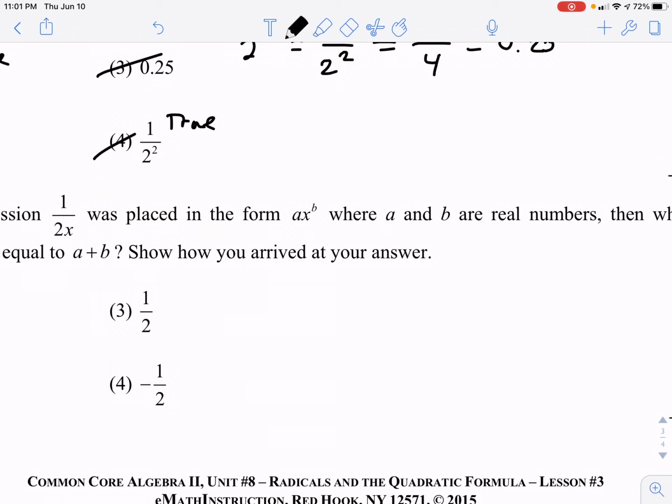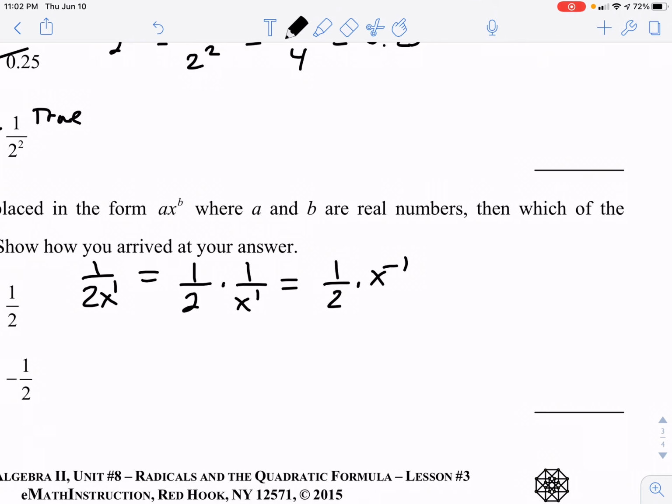Now, 1 over 2x to the first power. I'm going to take the 1 over 2 and separate it, times 1 over x to the first power, which is the same as 1/2 times x to the negative 1 power.